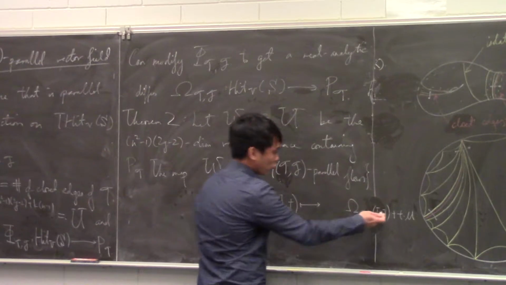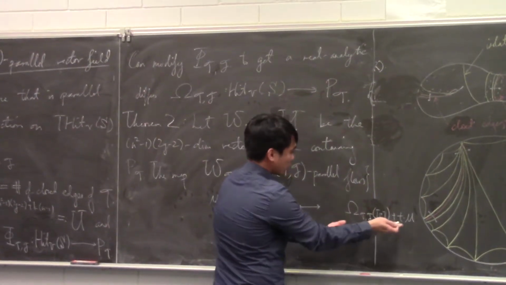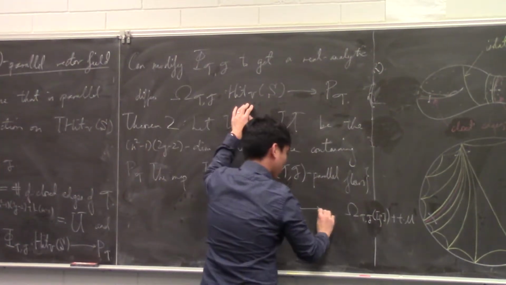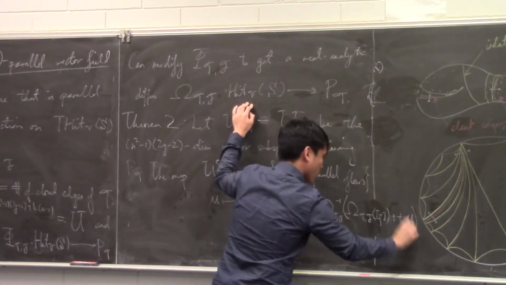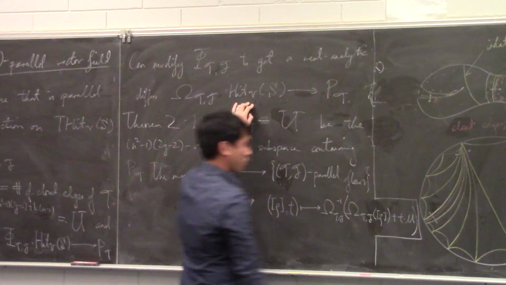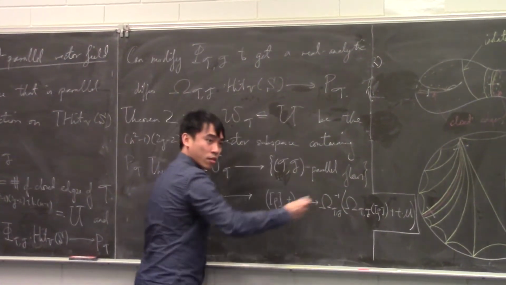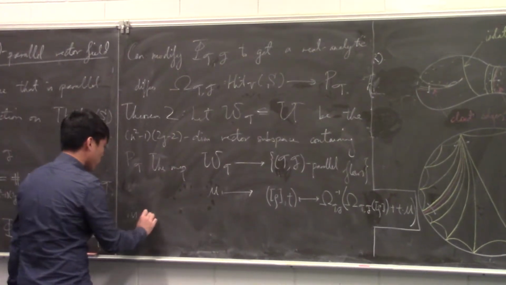You might not be able to do this for big t, but for sufficiently small t it does. And since this lies in the convex polytope, you can apply the inverse map to get it back in the Hitchin component. So this is my flow, and the theorem is that this map here is a linear bijection.